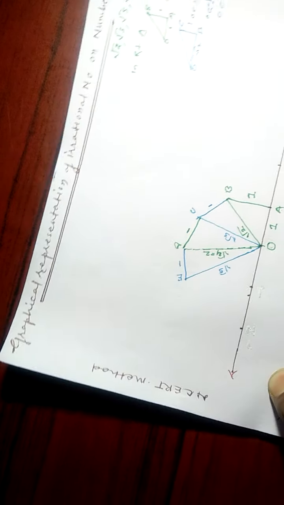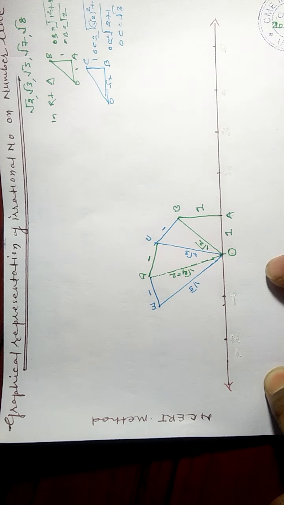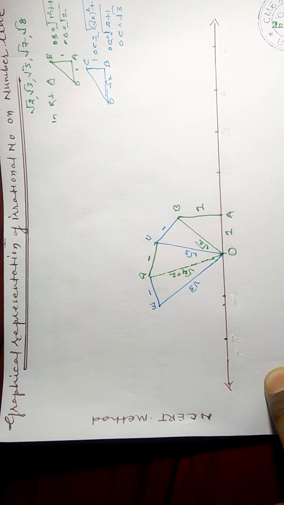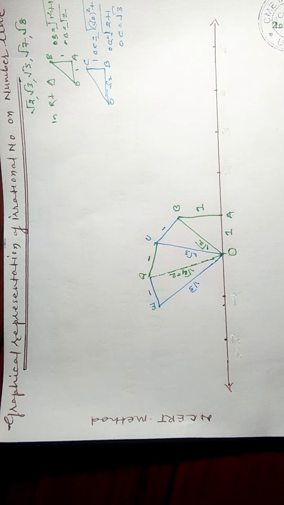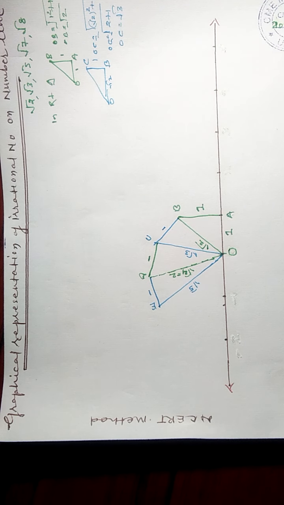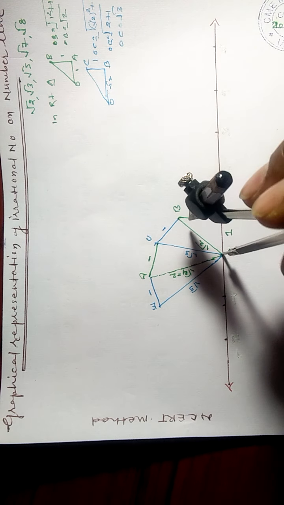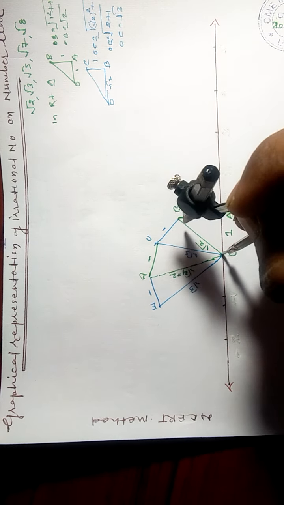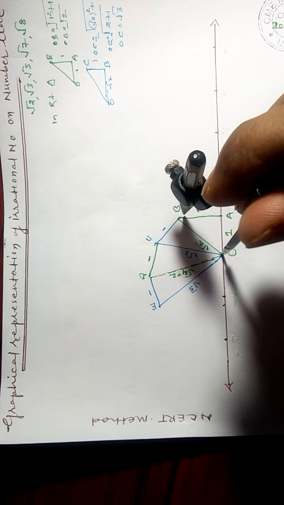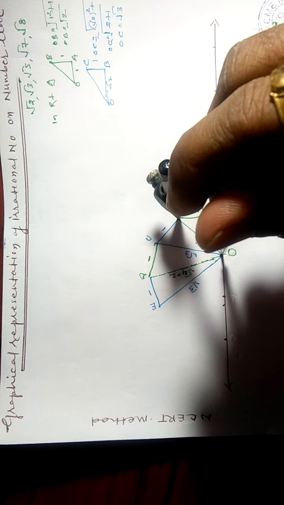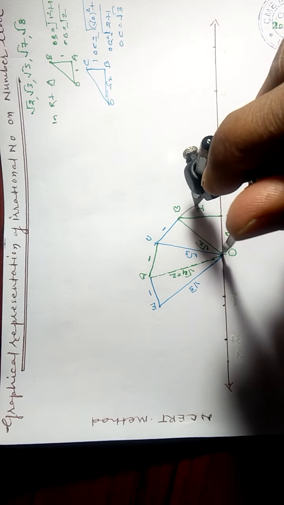Now how can we represent these irrational numbers on the number line? I will teach you only one single way. Taking O as a center and OB as a radius, take an arc and draw a circle.